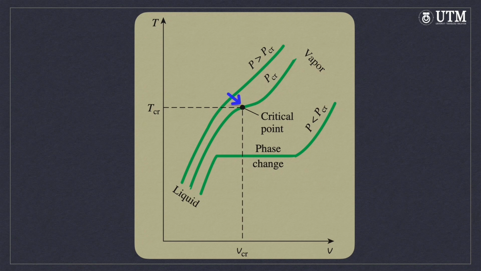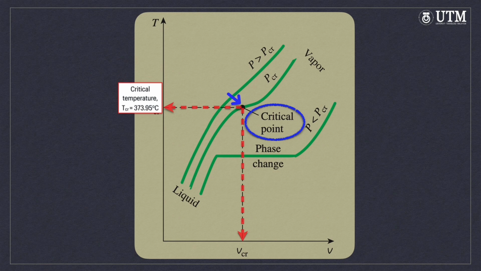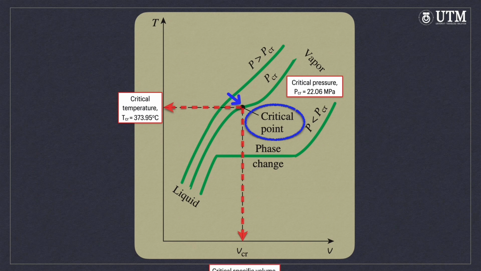Suppose we could zoom in to the critical point section of the previous TV diagram. In that case, we could obtain the temperature, pressure, and specific volume of a substance at the critical point. These properties are called the critical temperature, critical pressure, and critical specific volume, respectively.